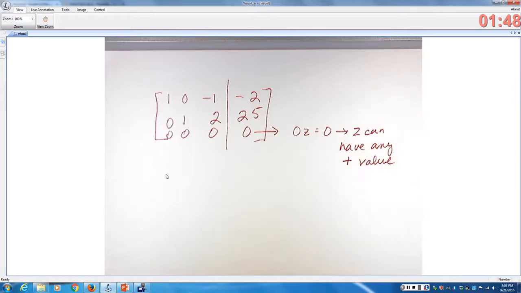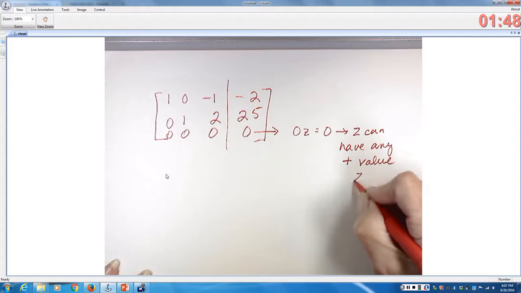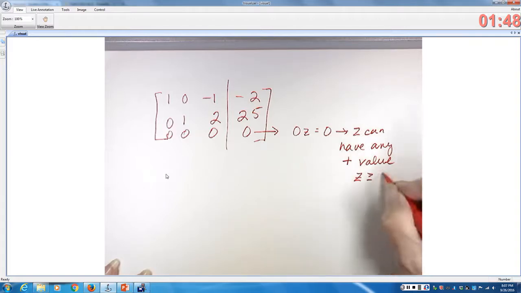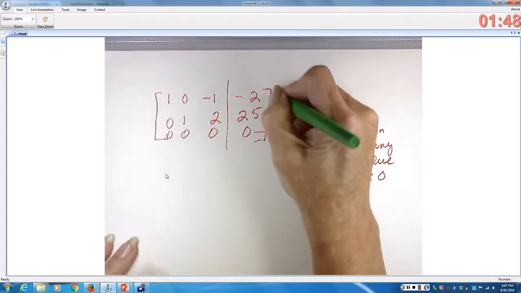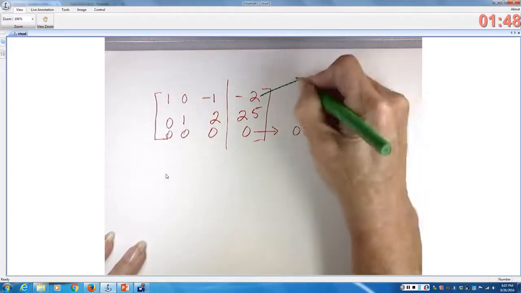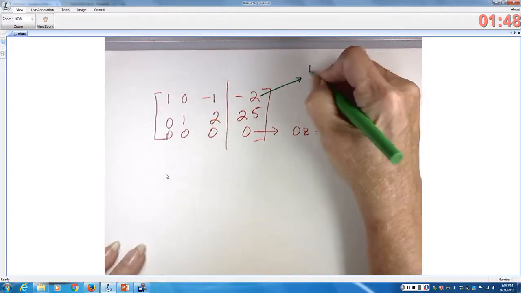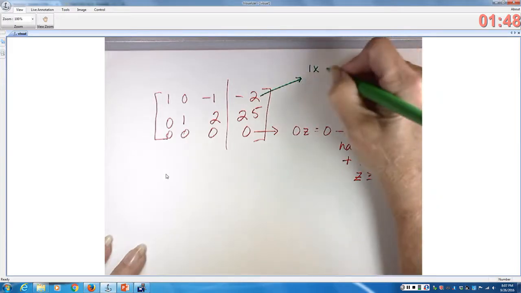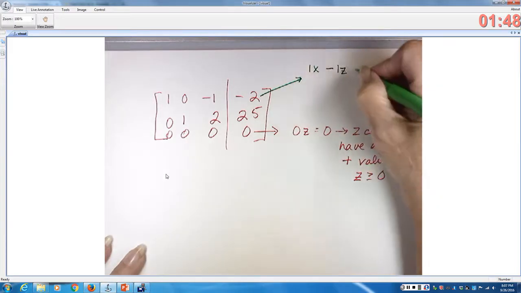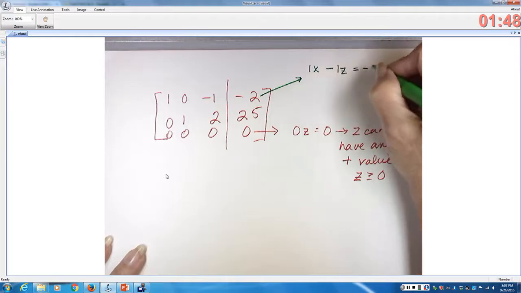Okay? And that means basically that Z has to be equal to or greater than 0. Okay, then this equation, to put it back in equation form, says 1X plus no Y, so I'm just going to leave them out, minus 1Z has to be equal to -2.